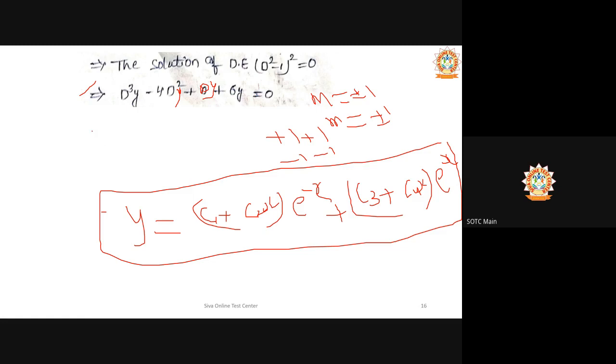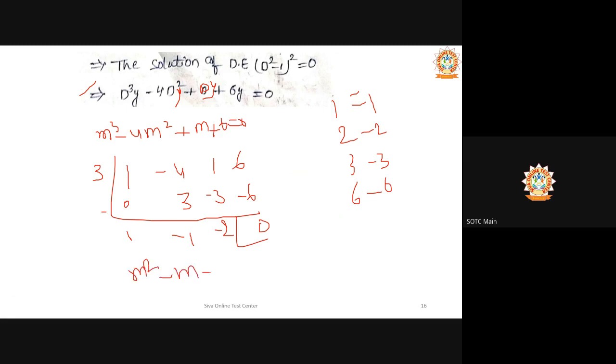Here they missed y. So from this, if you make the auxiliary equation, it will come m cube minus 4m square plus m plus 6 is equal to 0. So using synthetic division, you will get the roots. Right? So the coefficients of this are 1, minus 4, 1, 6.